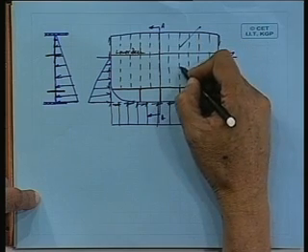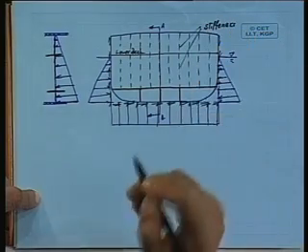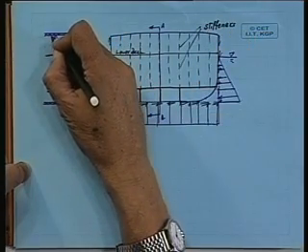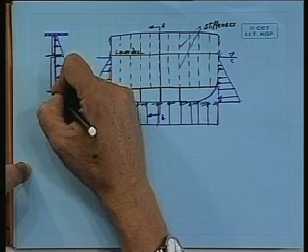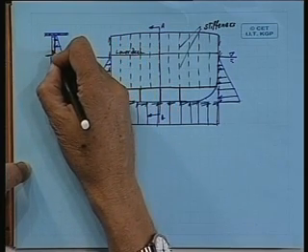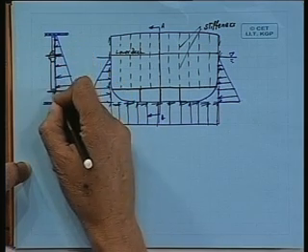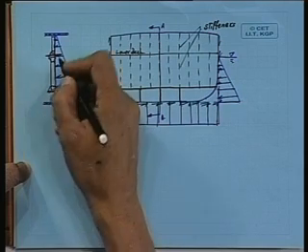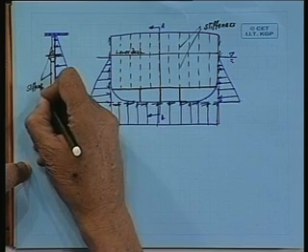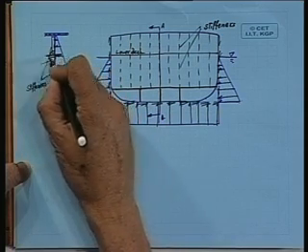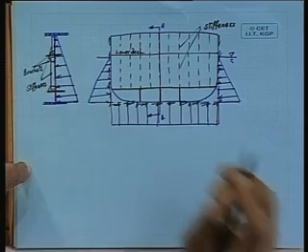So, this stiffener I can draw here, and maybe they are connected with some sort of a bracket here.